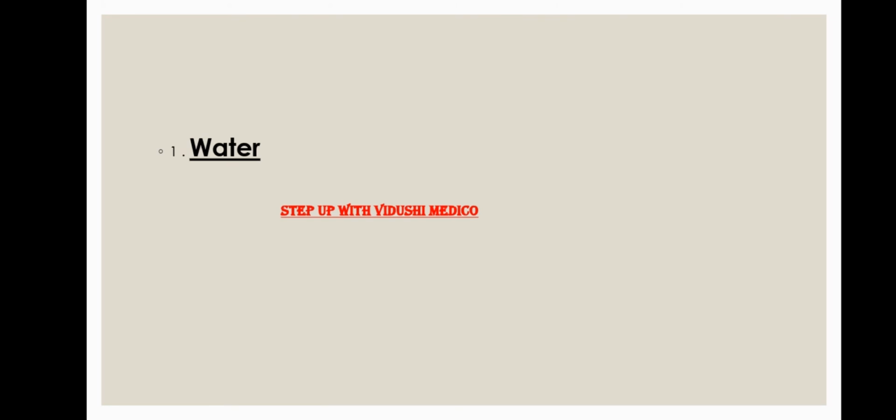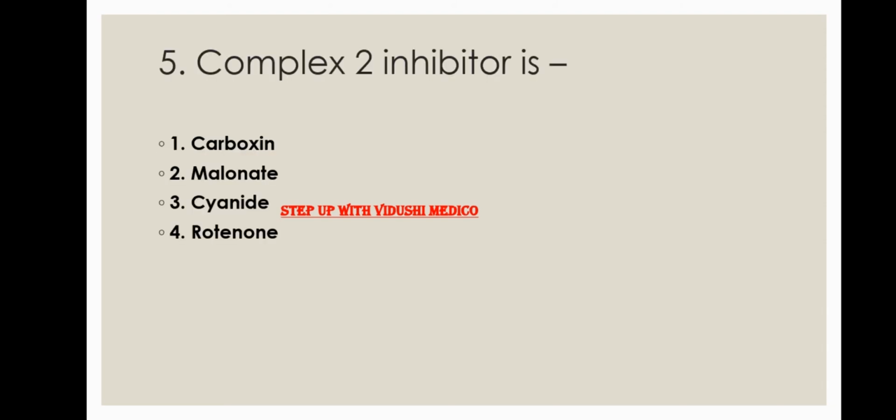Now let's move on to another question, that is question number 5. That is the last question for today. Complex 2 inhibitor is carboxin, malonate, cyanide, rotenone. I'm very sure this is a question that everyone will answer, because I have discussed this today only, in this video only.